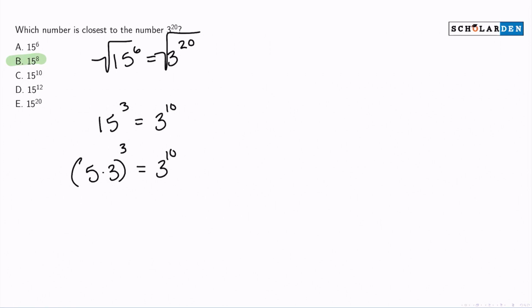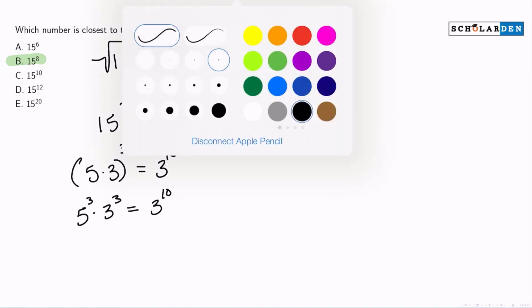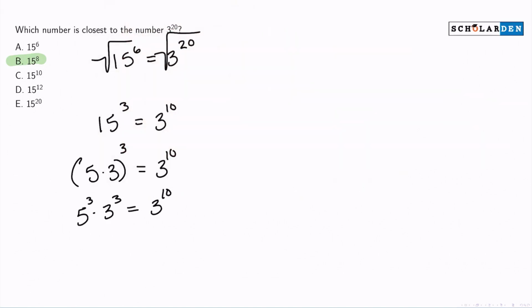I can now split this up into 5 cubed times 3 cubed equals 3 to the power of 10. Now I can cancel out 3 cubed on either side if I divide out the 3 cubed. Now I'm left with 5 cubed equals 3 to the power of 7.